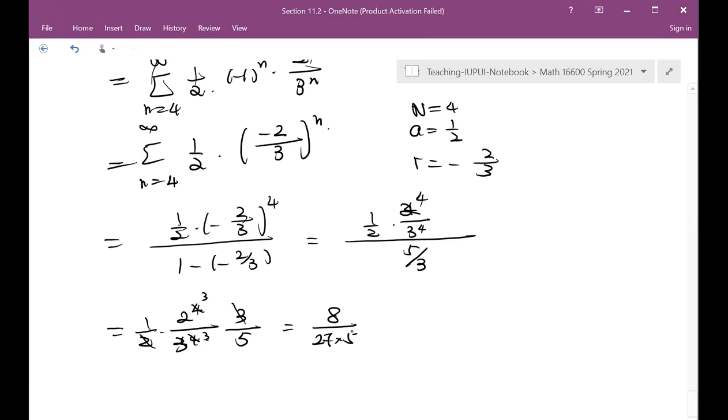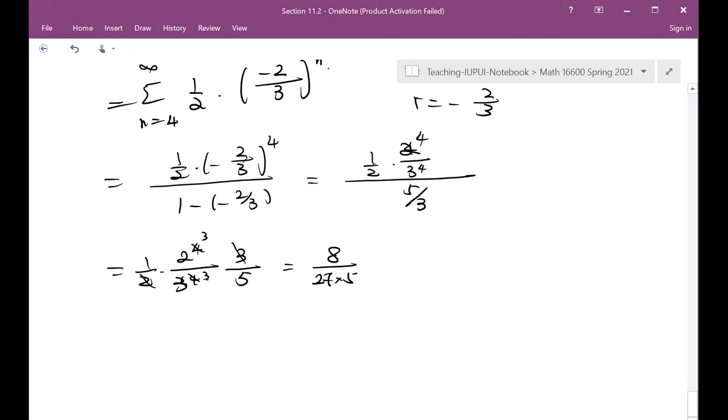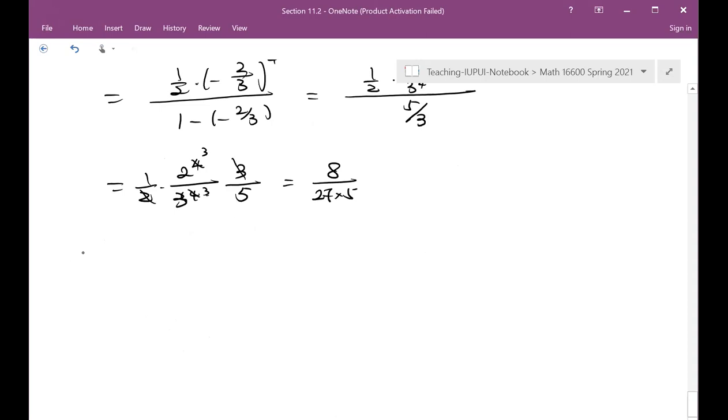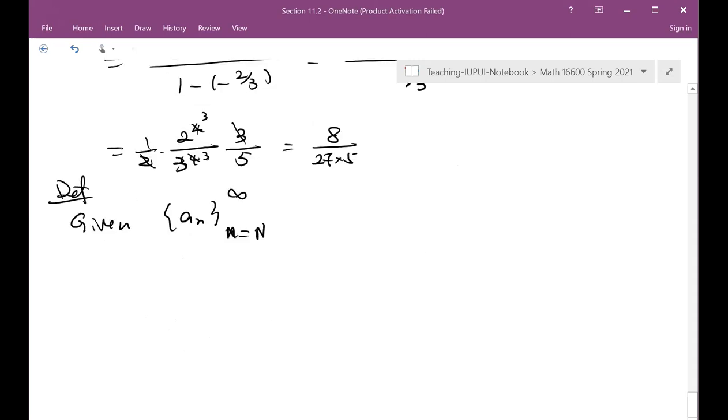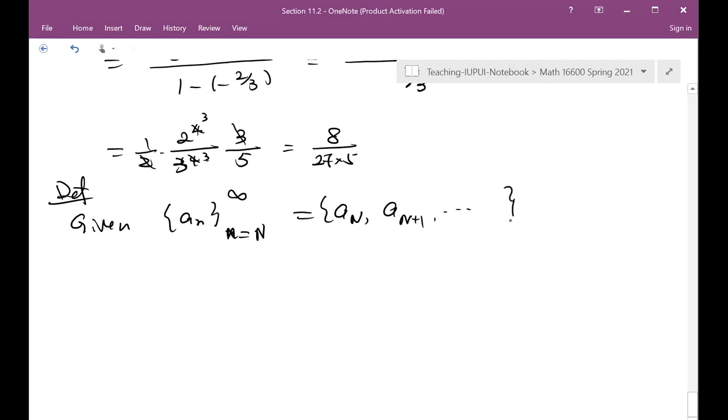All right, now let's discuss a little bit more general series. Here's the definition. We are given a series from capital N to infinity. So you begin with A capital N, then A capital N plus 1, and so on, to infinity.